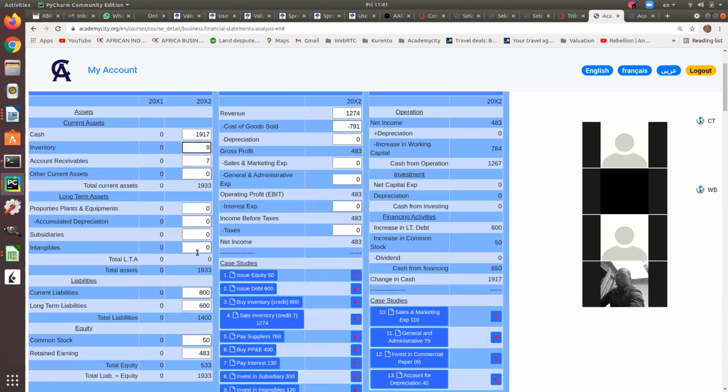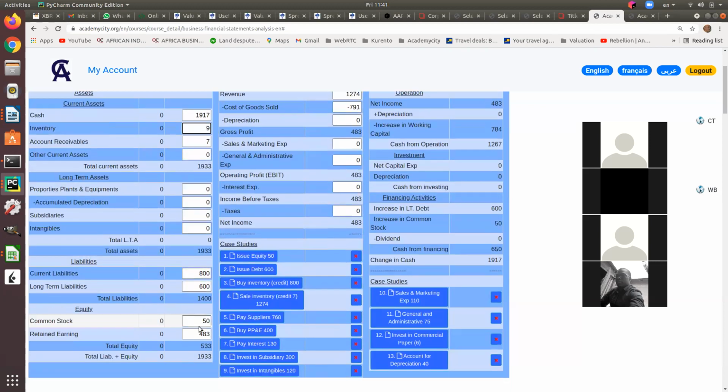And by the way, there's a magic number. What is this 483? This 483 comes from the income statement, right from here. It must be here. Otherwise, it will never balance.